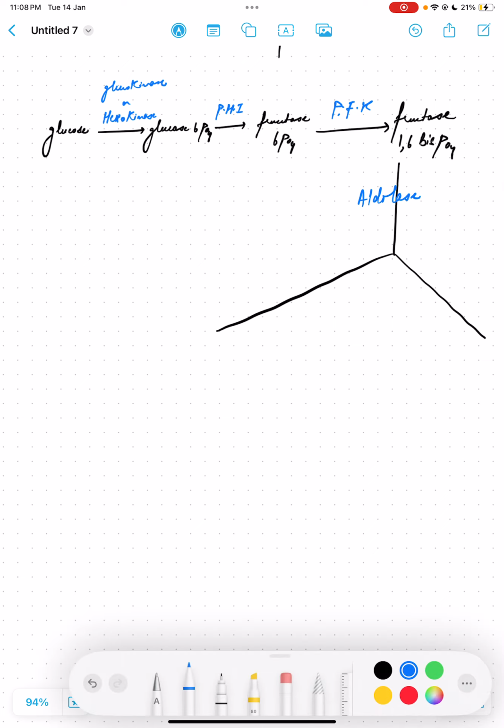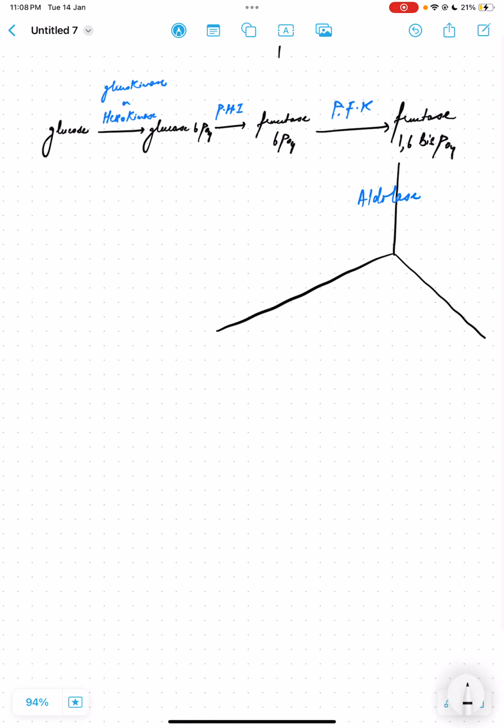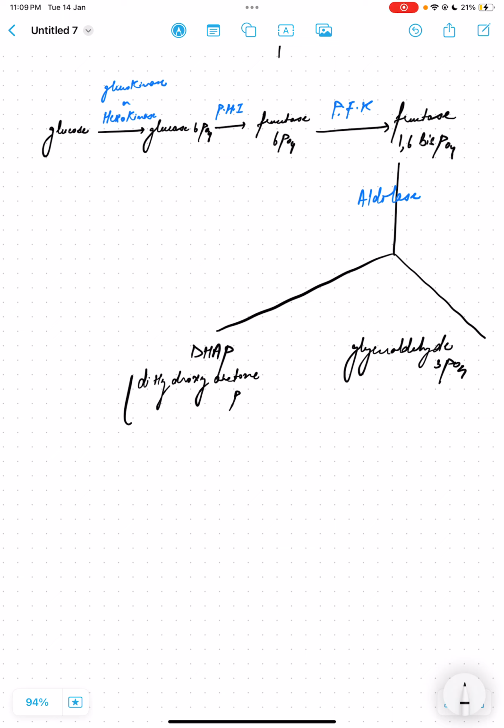It will form DHAP and glyceraldehyde 3-phosphate. The full form of DHAP is dihydroxyacetone phosphate.